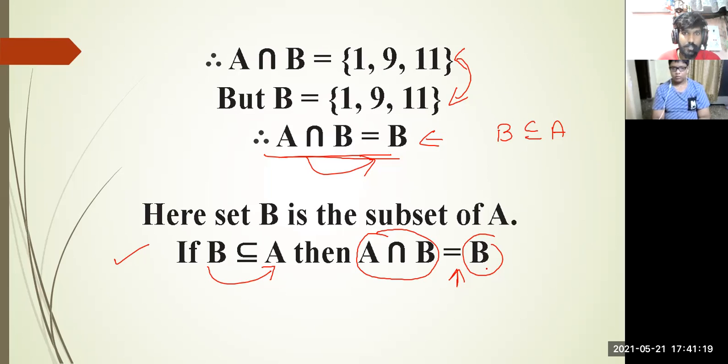Do you have any doubts? I understood. Okay. So if B is a subset of A, or in simple words, if B is inside A, then A intersection B, the common elements, and B will be equal to each other, the same thing happening in this example.